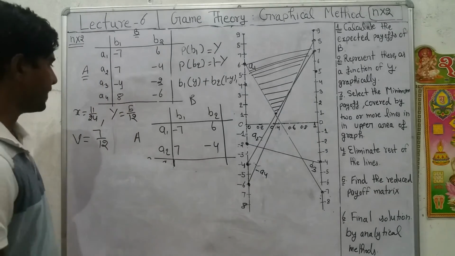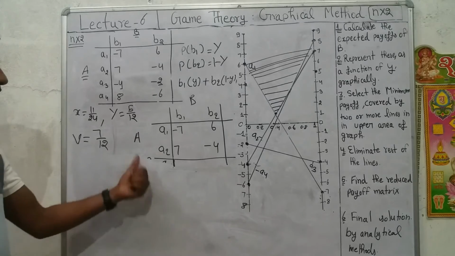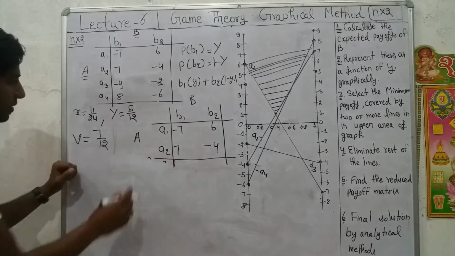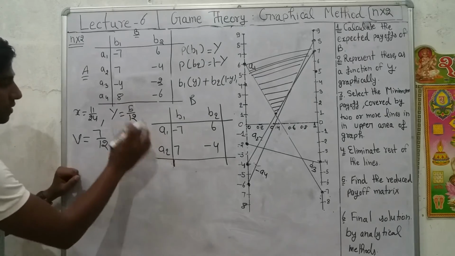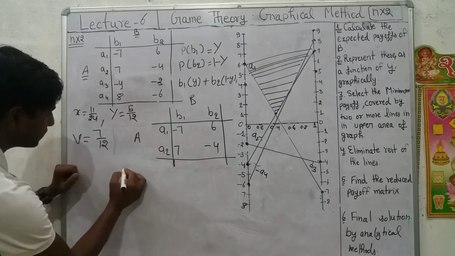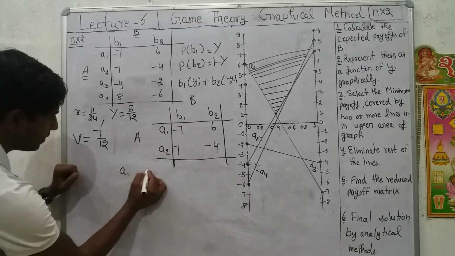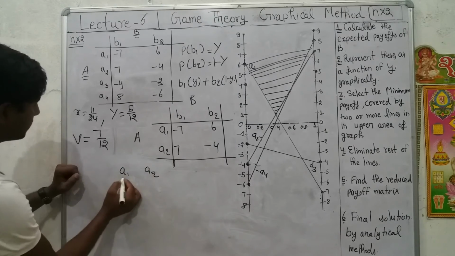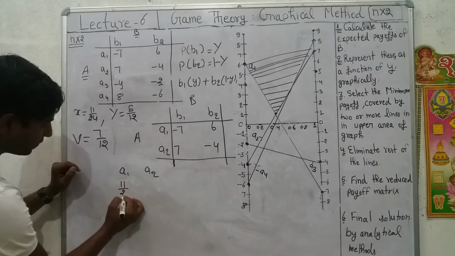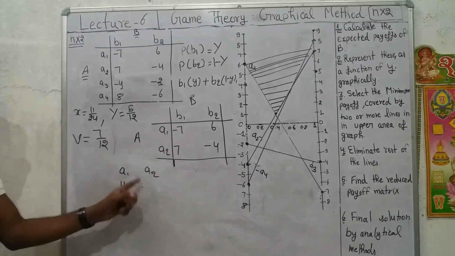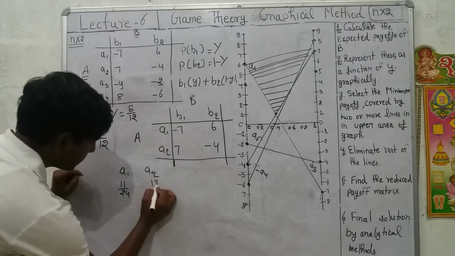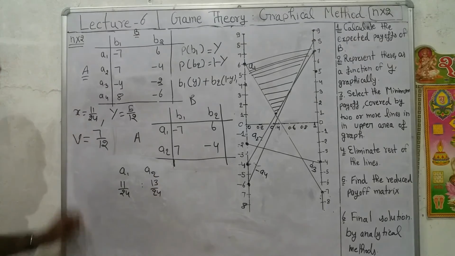So in this way we calculated the proportions, or the mixed strategies, for company A. Company A would use the A1 and A2 strategies in proportion: the proportion of A1 would be equal to 11 by 24, and the proportion of A2 would be 1 minus 11 by 24, that is 13 by 24.